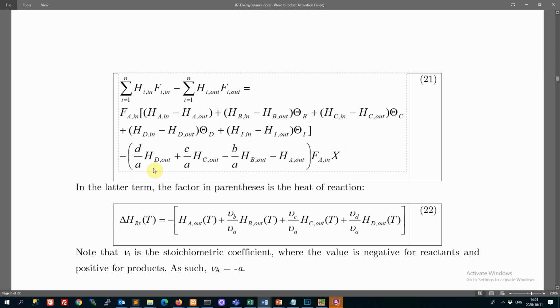And it turns out that it's showing up with these factors here. And in fact, that's our heat of reaction term, right? We look at all this and it looks familiar, it looks like the heat of reaction that we've defined before. So the heat of reaction kind of pops out when you just compare these two terms in your energy balance.